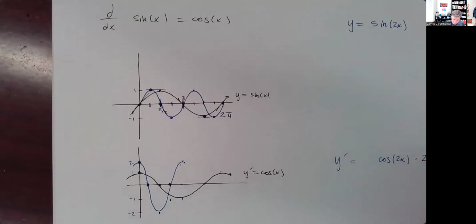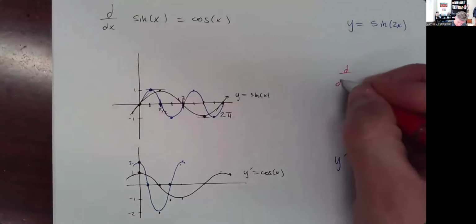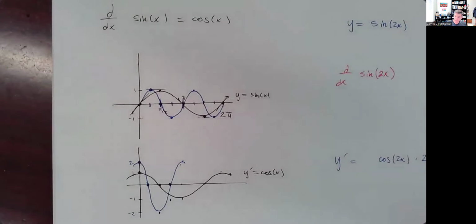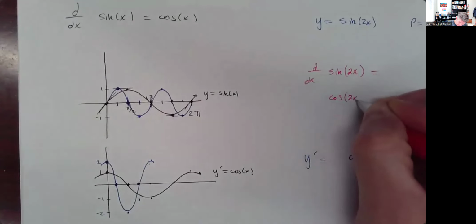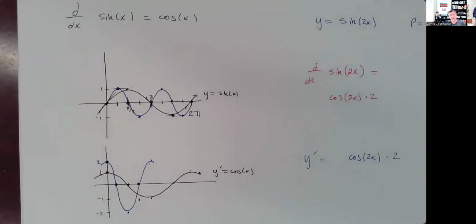In other words, the derivative of sine of some stuff is cosine of the stuff times the derivative of 2x, which is 2. So here we can see at least one example of a not-power version of the chain rule totally working the way one would expect it to work. Kind of great.